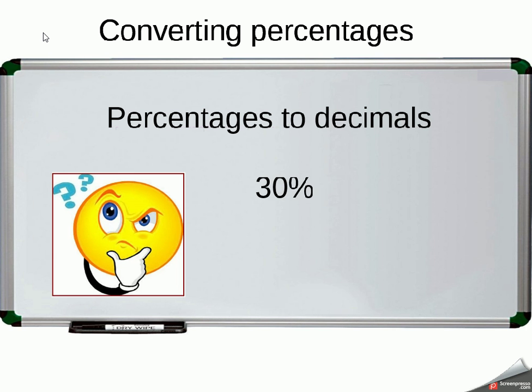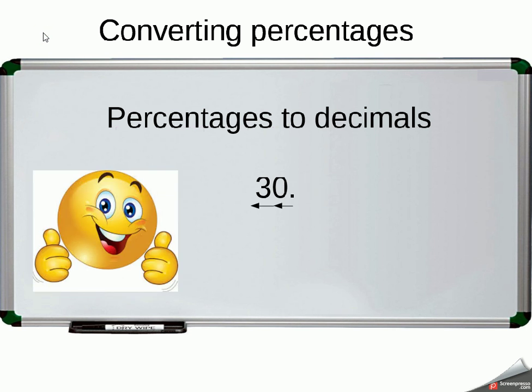Again, this is quite a nice easy one. All we've got to do is move the decimal point 2 to the left. Remember, when you've got a percentage, there's an invisible decimal place, which we don't draw because there's nothing on the right side of it. So when we had 30%, there's an invisible decimal place at 30 point. Now, all we've got to do is move that decimal place 2 positions to the left.